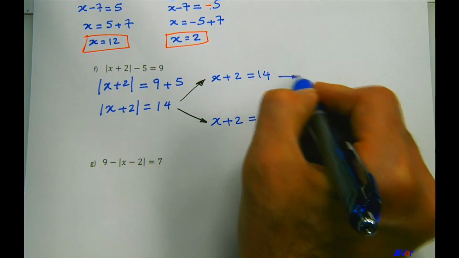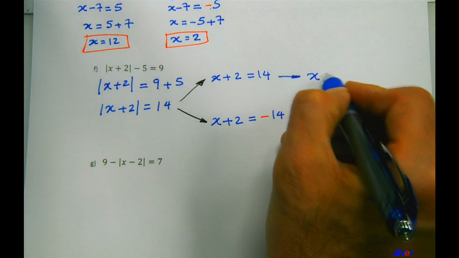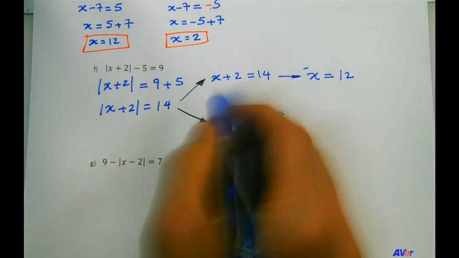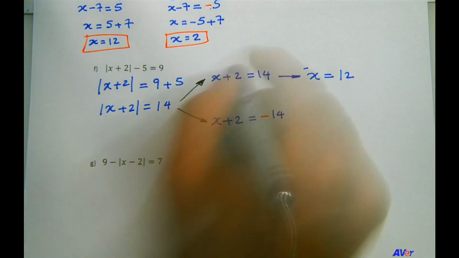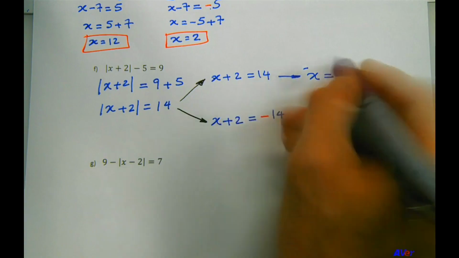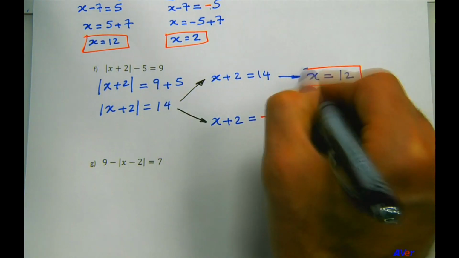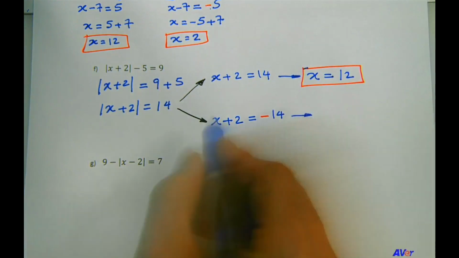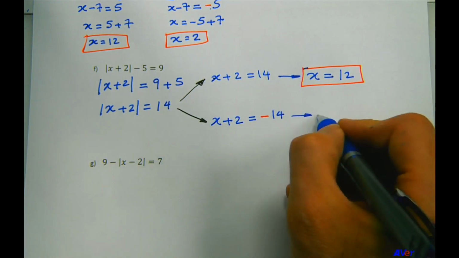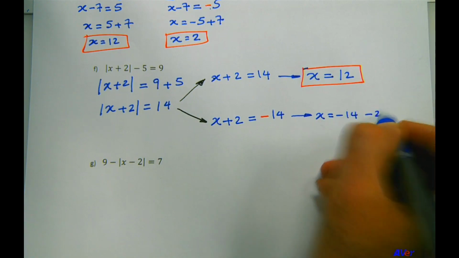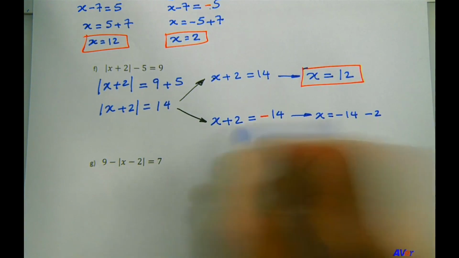So here we have x equals 12. Right? 14 minus 2. Move the 2 to the other side, you get minus 2, 14 minus 2, which is 12. Like that. Here, we have x plus 2 equals minus 14. Okay, so x equals minus 14 minus 2. Move the positive 2 to the other side.